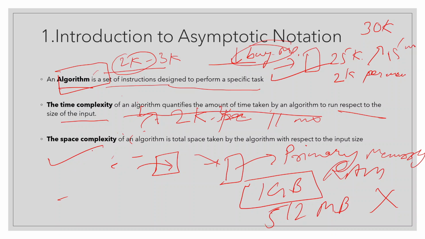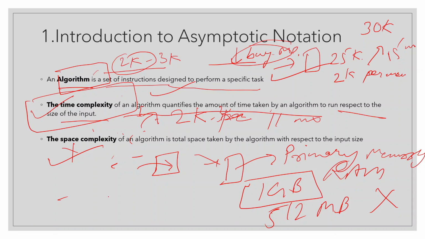But nowadays we do not have much problem about space. So we somewhat neglect space complexity, and we only consider time complexity. If our program is running well, then we can say our algorithm is good.